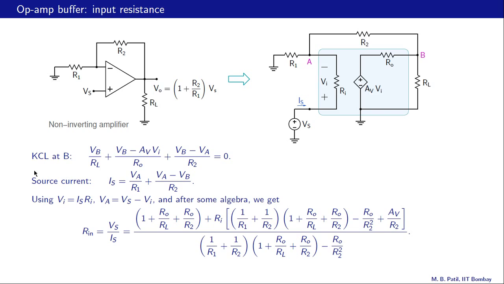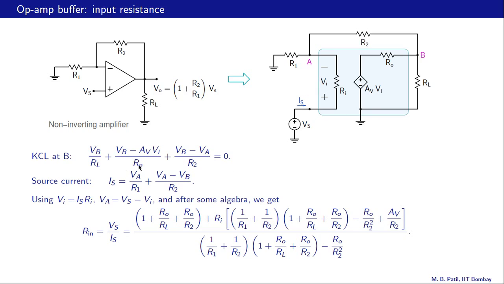In addition to these two equations, we have two more conditions. One is VI equal to IS times RI, and VA is VS minus VI. This node voltage is equal to Vs minus this voltage drop. So it is Vs minus Vi.